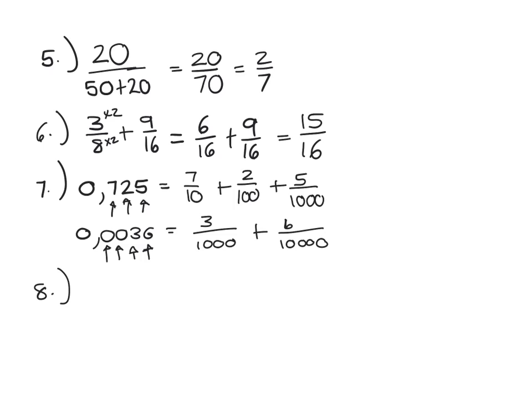A rectangular rug, and the moment I read a sum like that, I always make a little drawing for myself. It's a rectangle, it's a rug, it's 1,65 meters by 1,45 meters. Calculate the area of the rug correct to 1 decimal place.